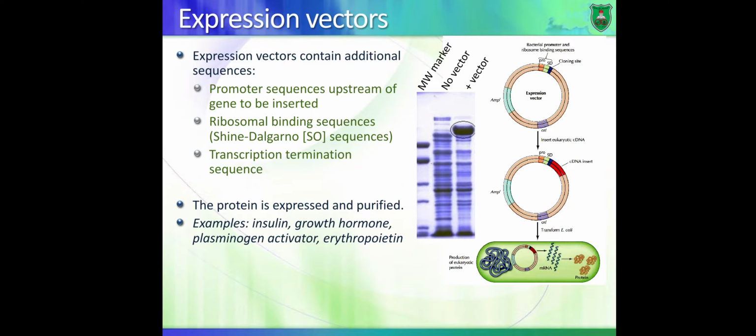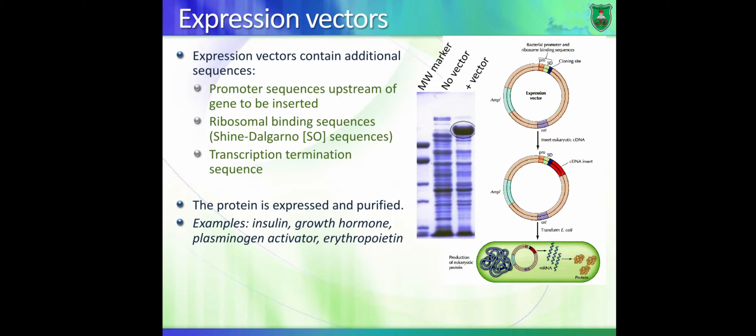Meaning that we place a gene in a plasmid, and we make bacteria transcribe the gene and produce a protein from that gene. So we can make bacteria produce human proteins. This is true for proteins like insulin, growth hormones, and plasminogen activator for blood clotting, and so on. So we can produce large amounts of human protein using bacteria.